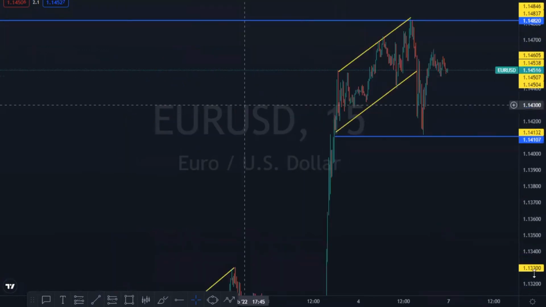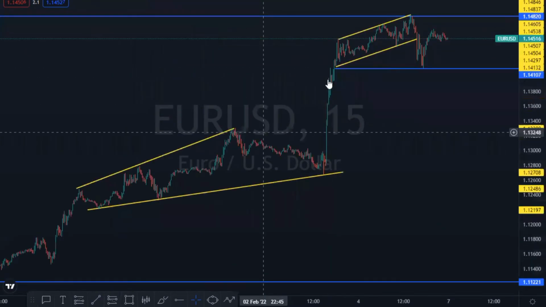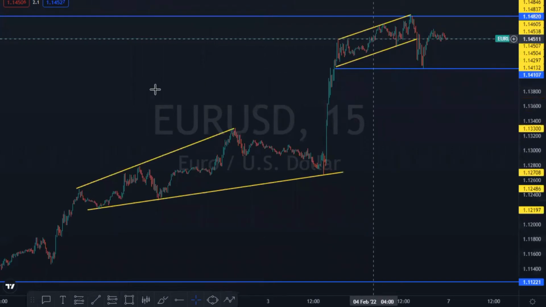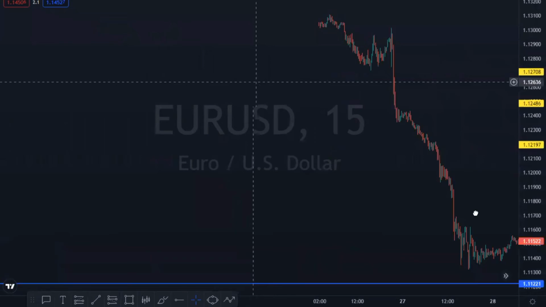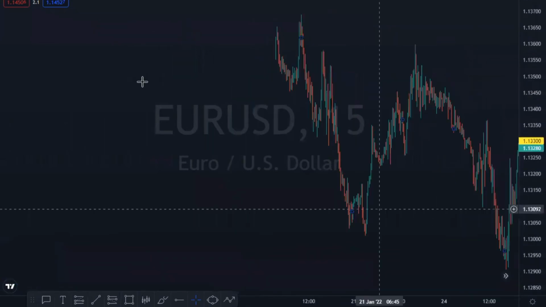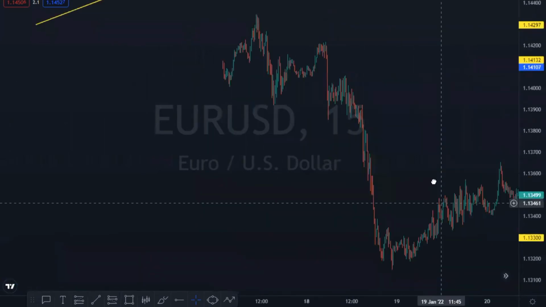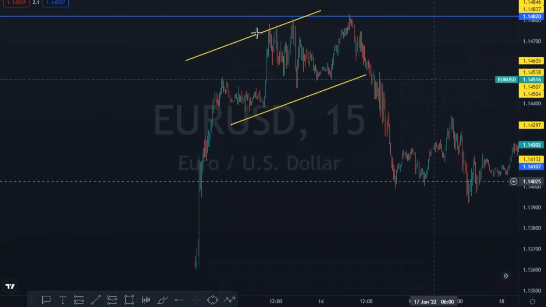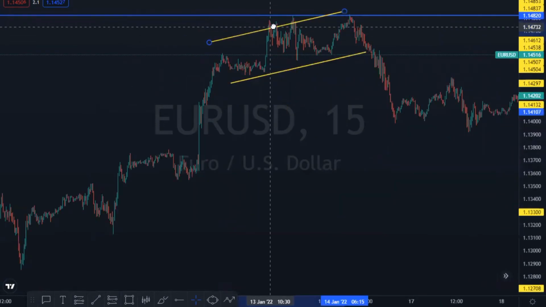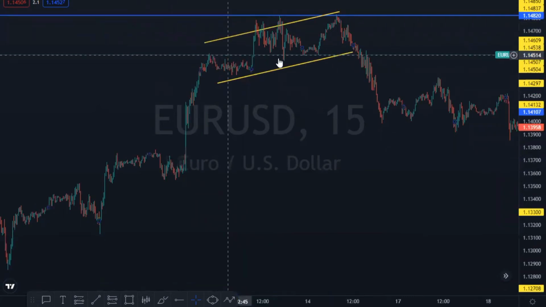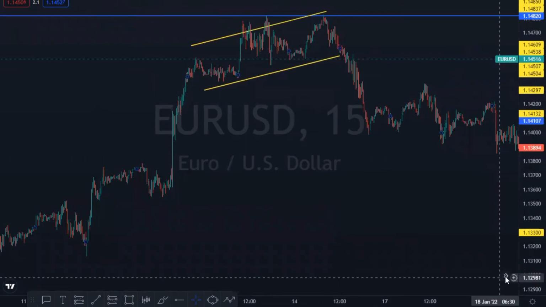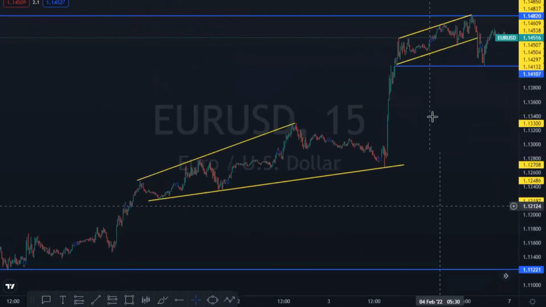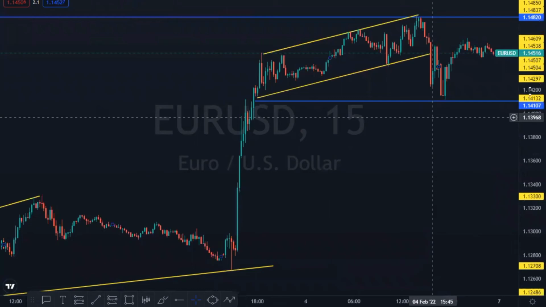Guys, if you look clearly, what is happening on the right is normally mimicked from the left hand side. This is a similar pattern that we are having on the right hand side. So make sure that you take notice of that, guys.